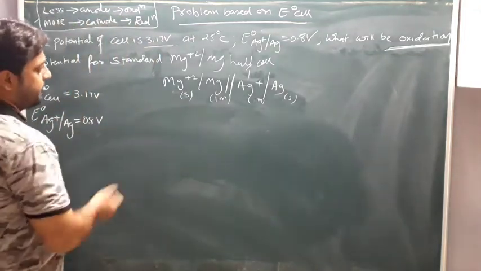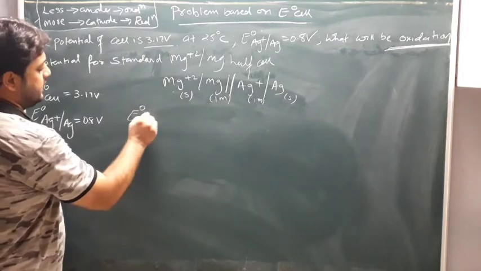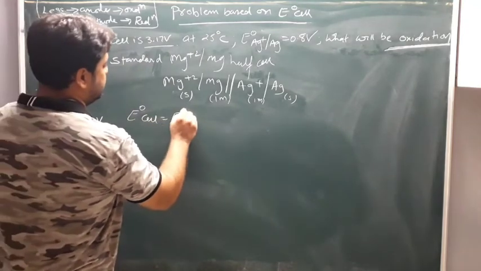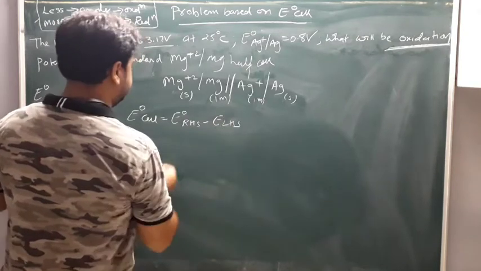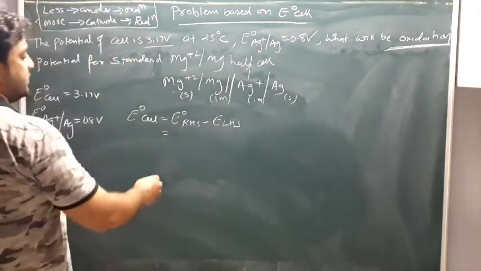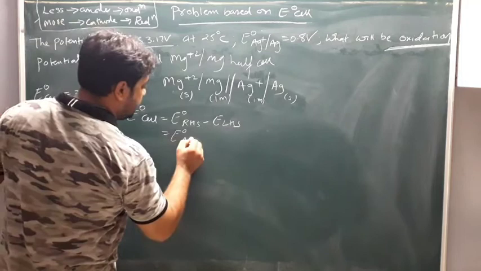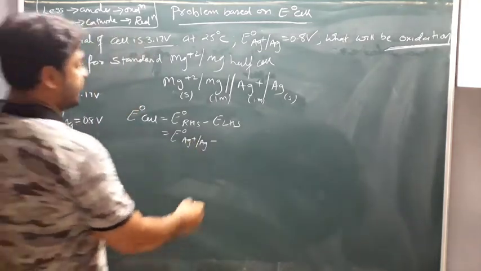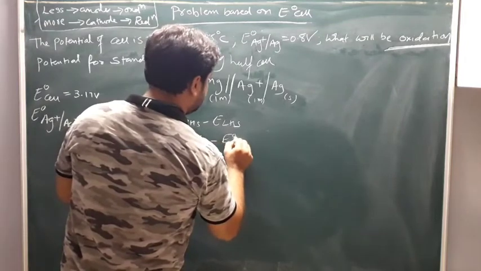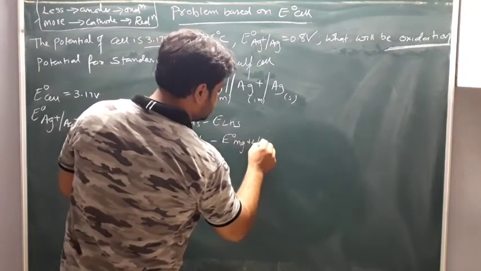We know that E naught cell equals E naught RHS minus E naught LHS. Who is at RHS? Silver. So E0 Ag plus slash Ag minus, who is LHS? Magnesium. So E0 Mg plus 2 slash Mg.